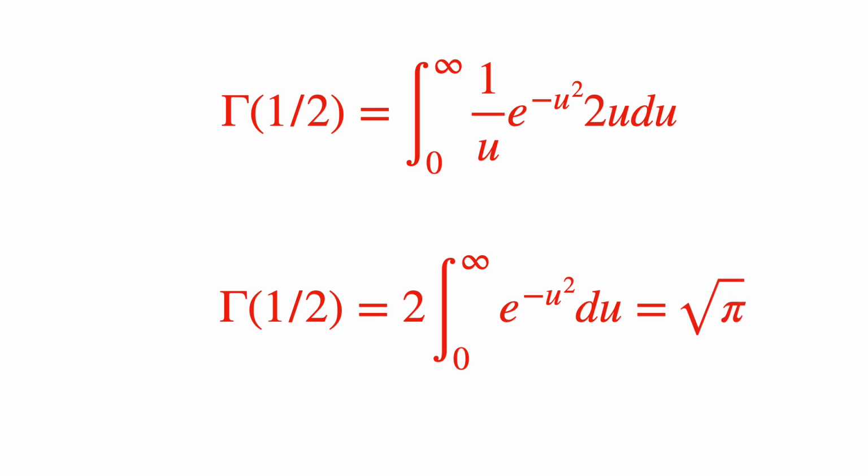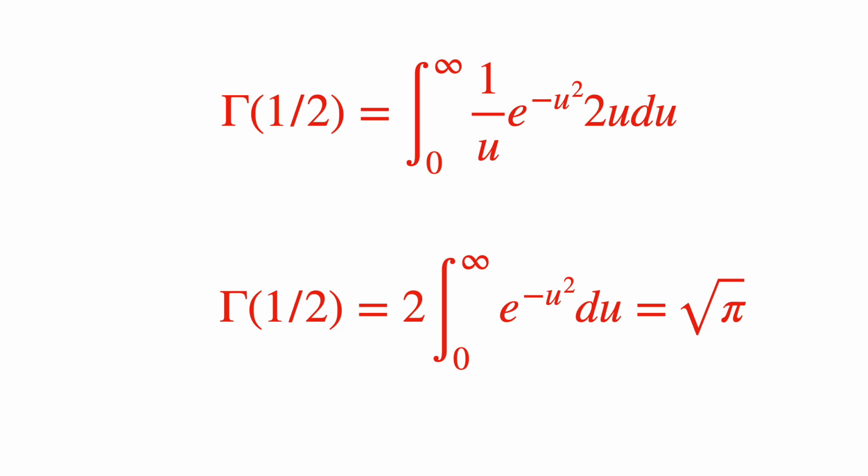This is the famous Gaussian integral, which equals the square root of pi. Therefore, Gamma of 1/2 equals the square root of pi. This elegant result connects the gamma function to one of the most fundamental constants in mathematics.